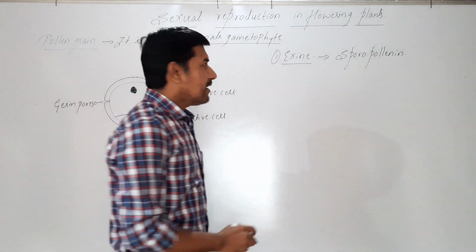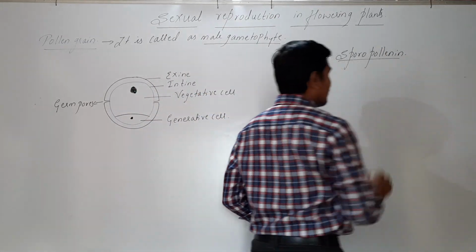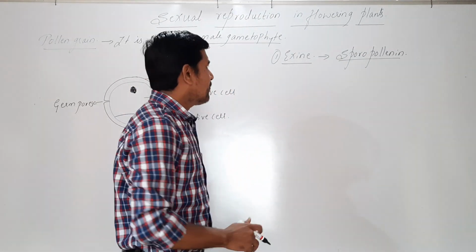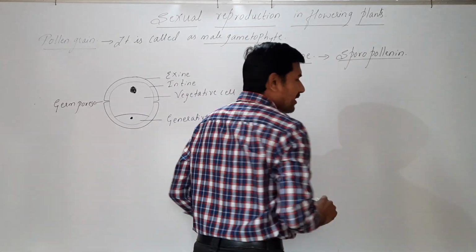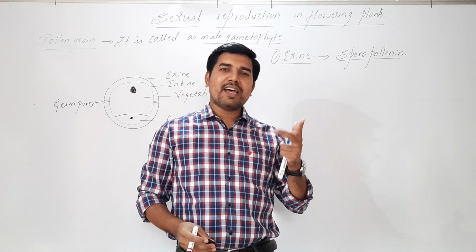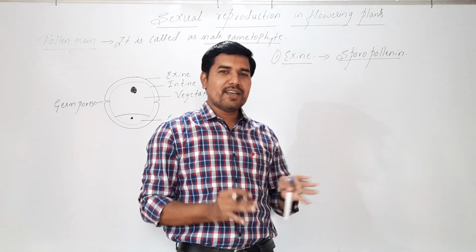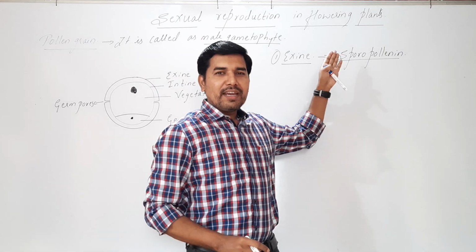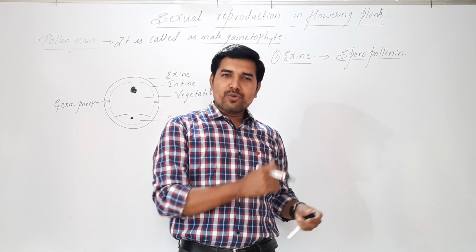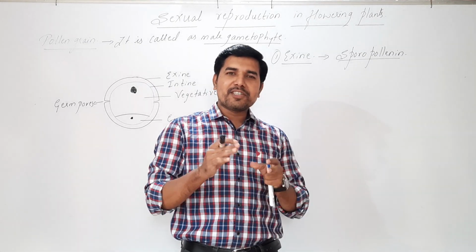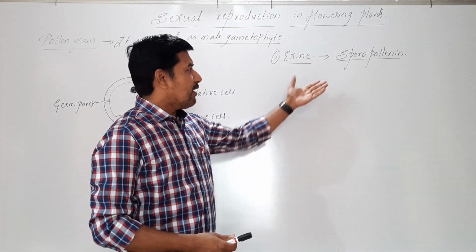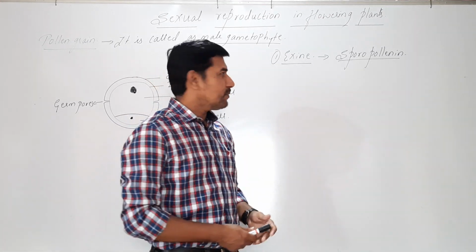Exine is made up of sporopollenin, one of the most resistant substances present on the pollen grain. Sporopollenin is highly resistant against strong acids, alkalis, as well as high temperatures, and no enzyme can degrade it.